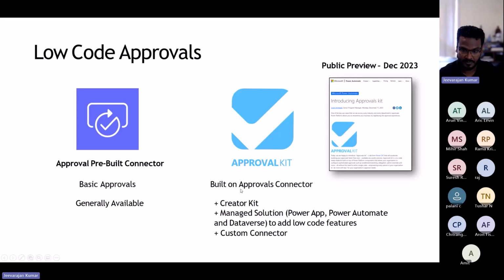That also comes as part of the solution. It also comes with a custom connector, which requires setup. In a later part of the session, I'll walk through how we set this up. But the idea is that when we import or install this from AppSource, a bunch of components get imported along with it.